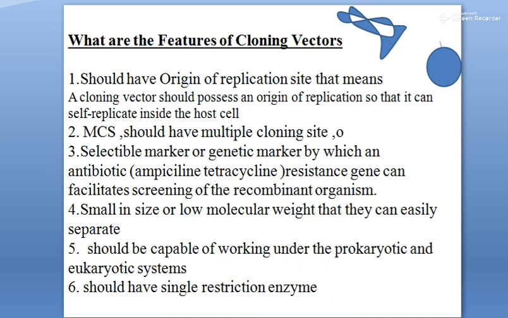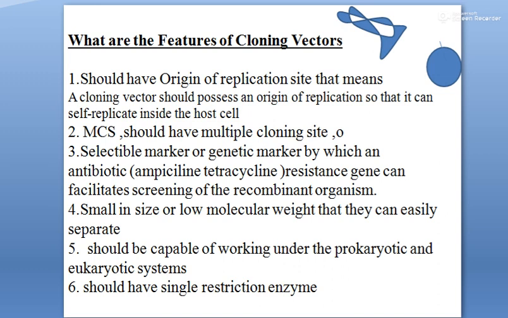Next, it should have a single restriction enzyme site. That means the vector has only one restriction site. When a vector carries one restriction endonuclease site, it can be easily identified.